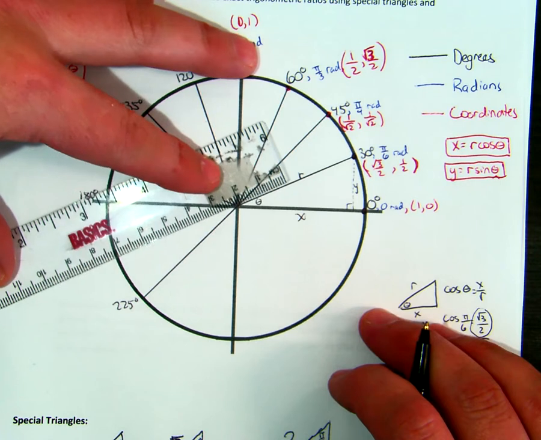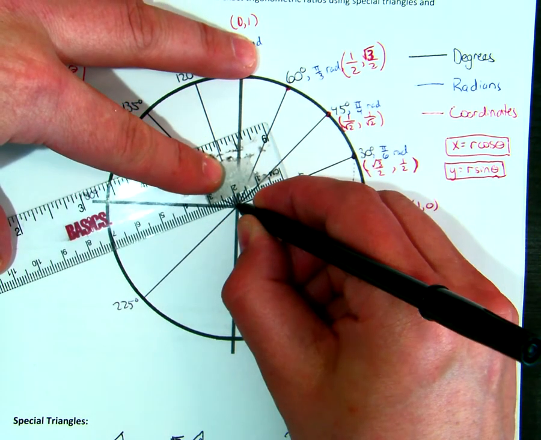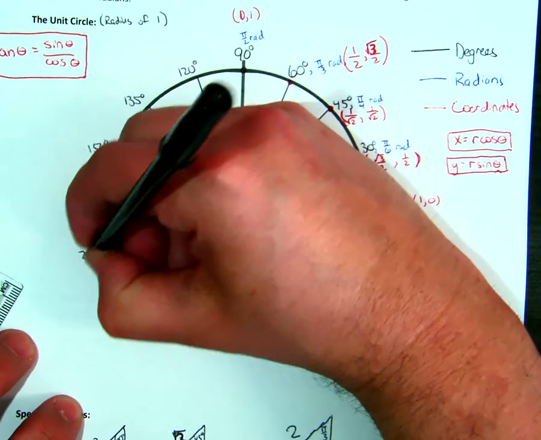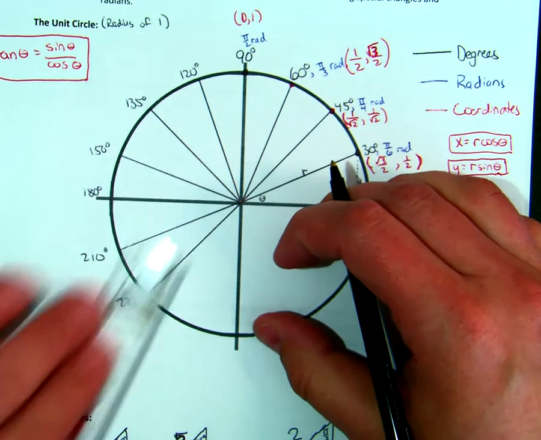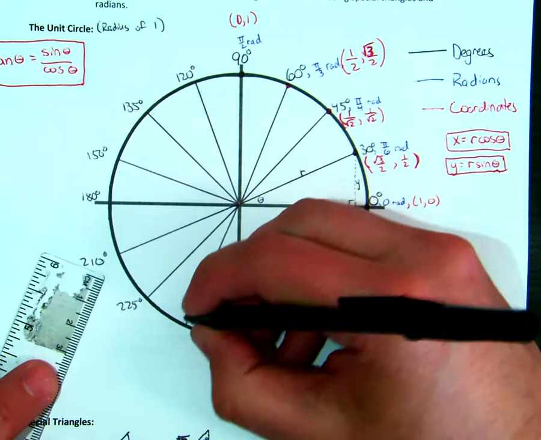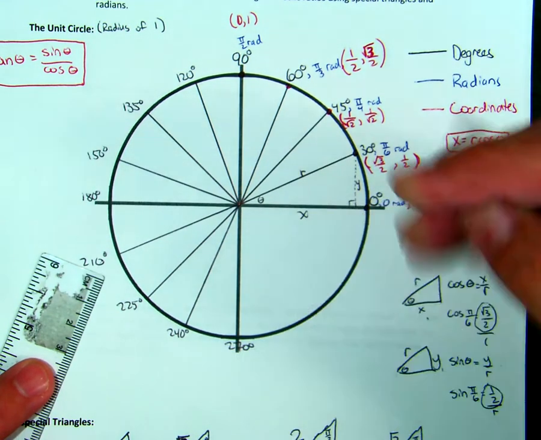After that, in here I have 210 degrees. And then down here I've got 240. This would be 270 degrees.